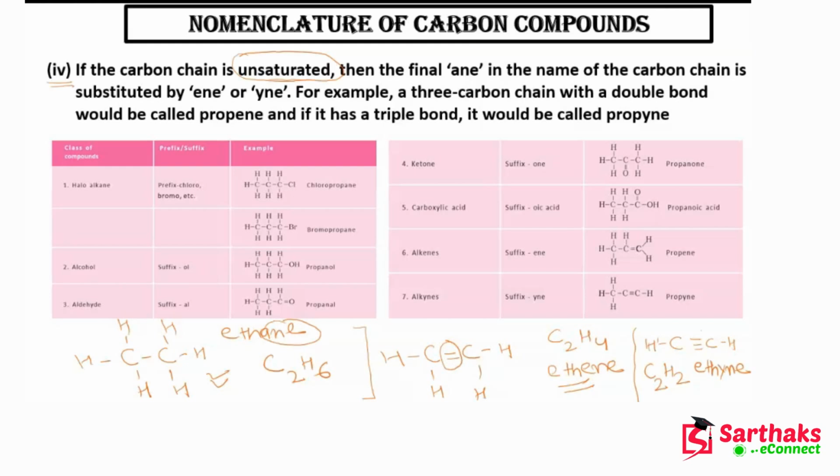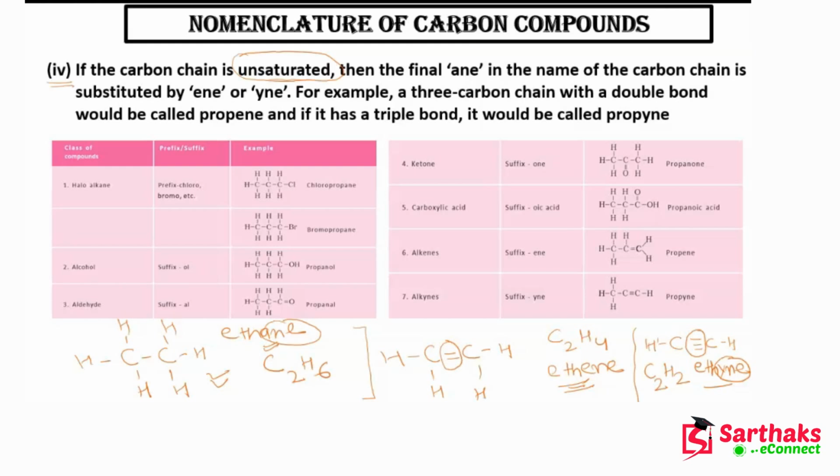Why? Because as you can see, this is an unsaturated carbon chain and one triple bond is present between these two carbons. So because of the presence of the triple bond, we have used this "-yne" instead of "-ane". So this will be called ethyne. This will be called ethene, and this is ethane. I hope you have been able to understand the difference between ethane, ethene and ethyne.